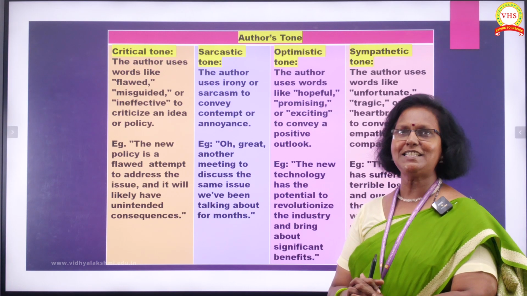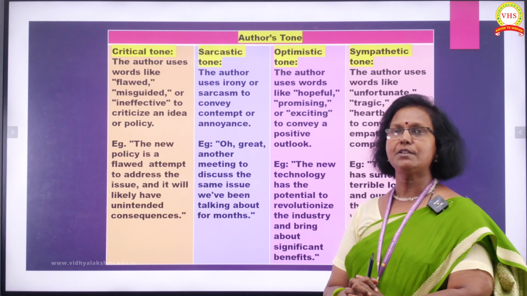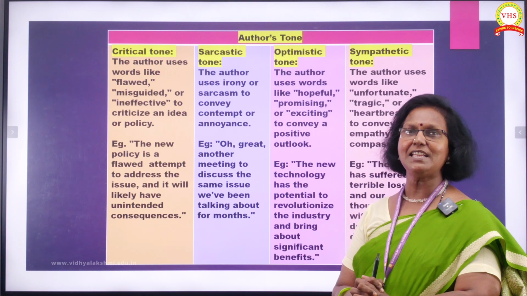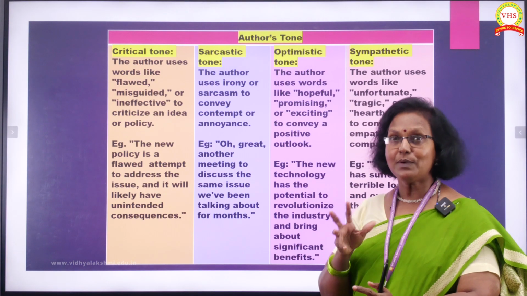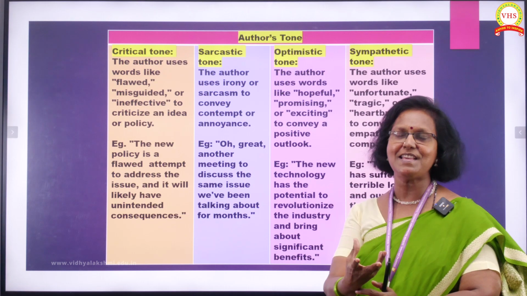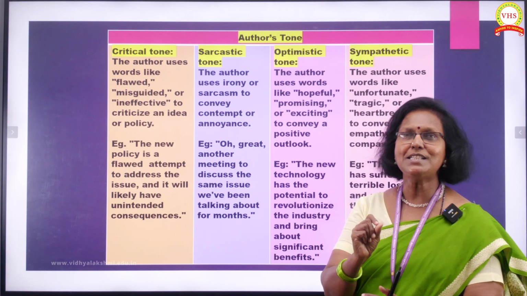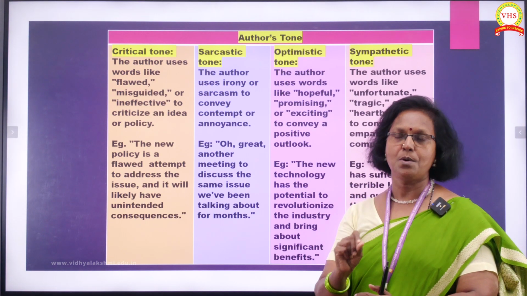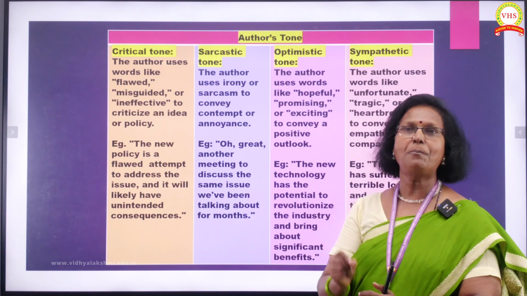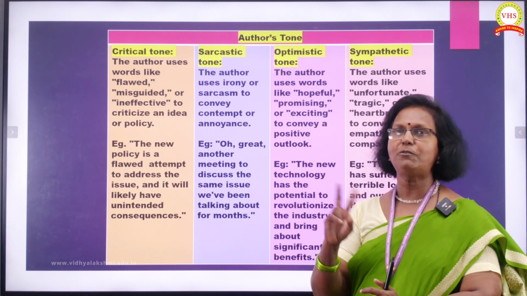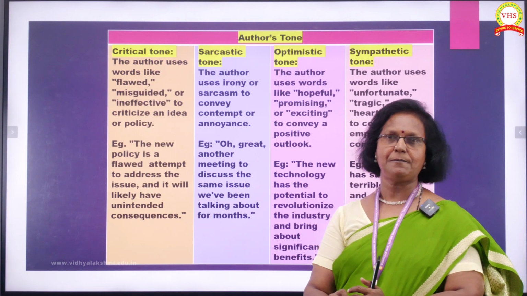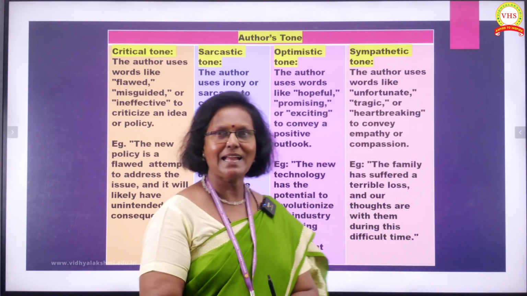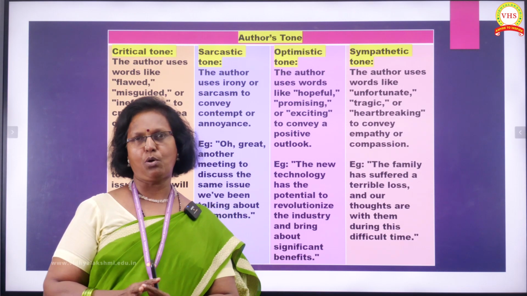The new technology has the potential to revolutionize the industry and bring about significant benefits. So we understand how much positivity is there in it. So the tone is optimistic tone, positive tone, hopeful tone, but do not write hopeful tone or positive. Instead write optimistic. The last one which is given in this slide is about sympathetic tone.